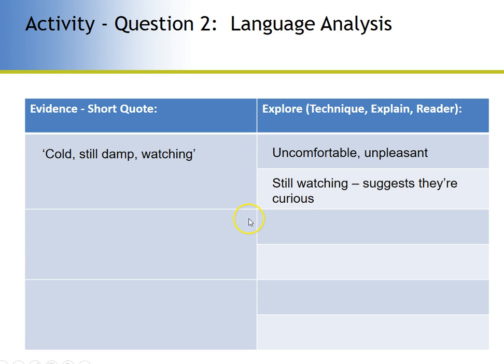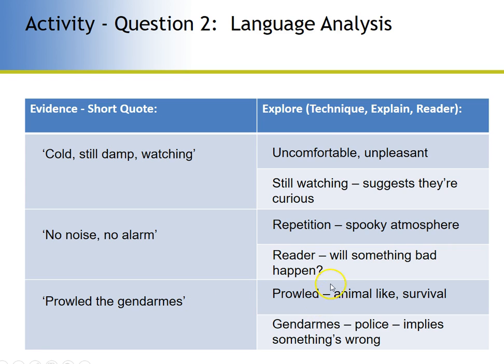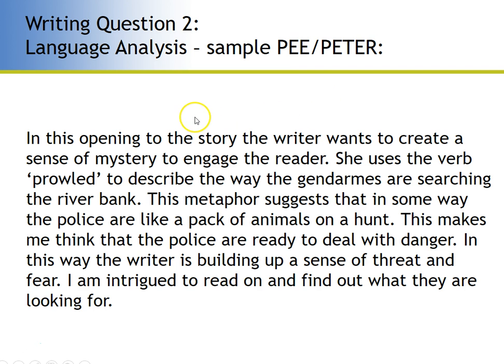So on the left hand side, the quote, and then on the right hand side, explore, talking a little bit about the technique, using a bit of subject terminology, and explaining its impact on you as the reader. Quote, explore.